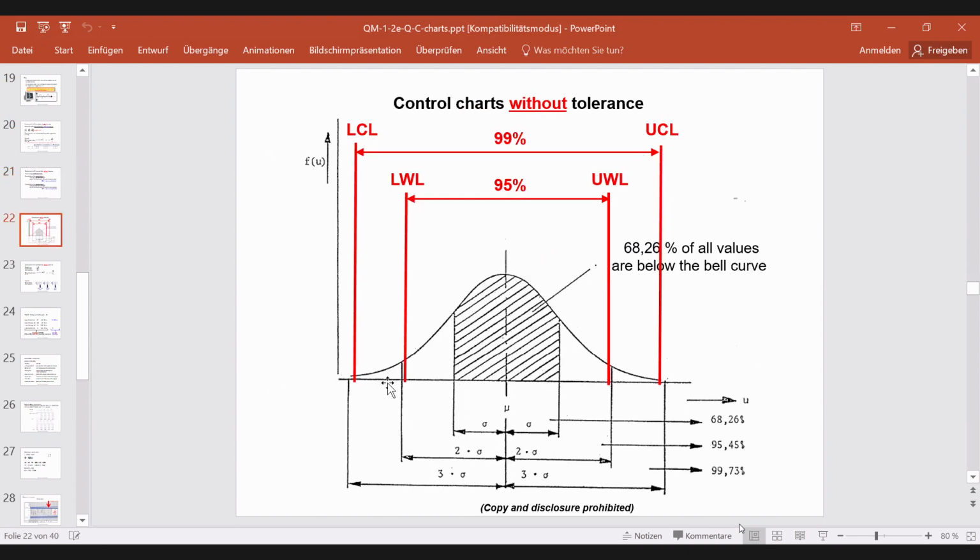So this means if you have a normal distribution here, you have here the warning limits, 95% of the distribution, and the control limits here for 99% of the distribution.